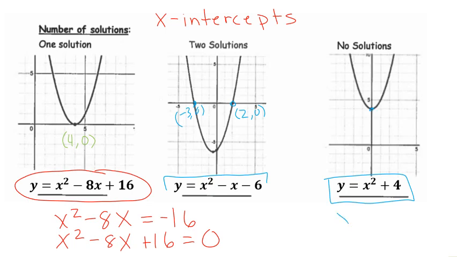If I set this equal to 0 and try to solve, we don't have any value I can put in for x that would make this true. So this one has no x-intercepts. And so we can have one of these three scenarios: one solution, two solutions, or no solution.